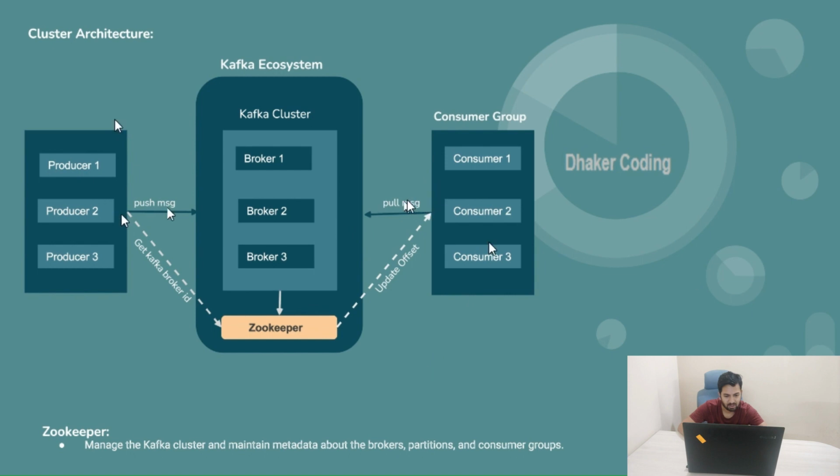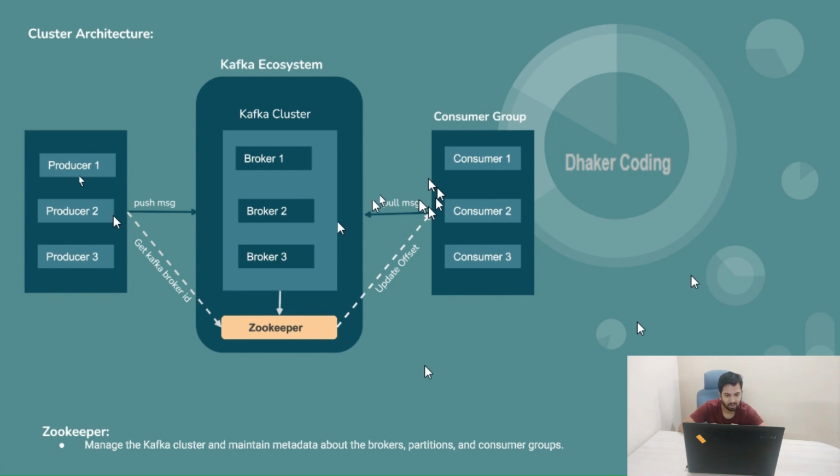In the first pull, let's say consumer one pulled the data till offset 50. The next time the consumer comes again to pull the data, how does consumer one know that it needs to pull the data after offset 50? When consumer one pulls the data from that Kafka topic, the zookeeper will update the offset for that consumer.